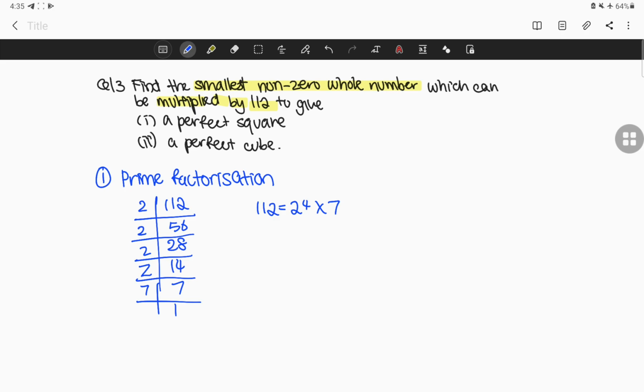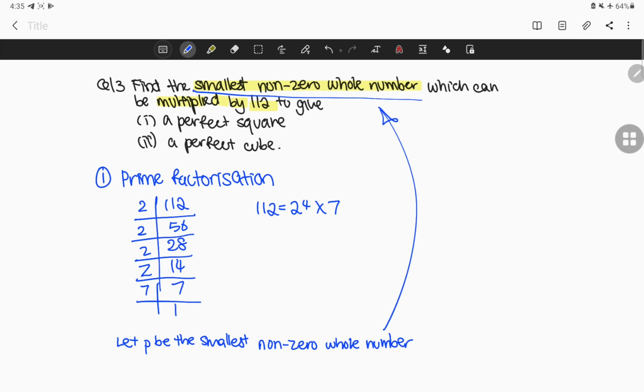We can then let a specific variable, so I can let p be the smallest non-zero whole number that we are trying to find. Basically, this is the answer, p. Okay, so smallest non-zero whole number, copied from the question.